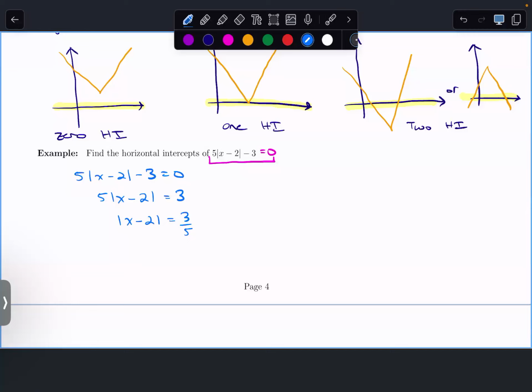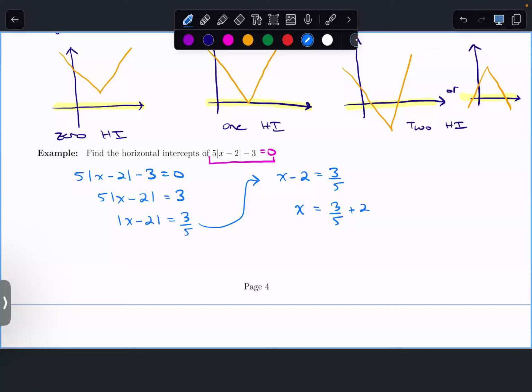I have to consider the positive and the negative version of the inside. So here I've got x minus 2 must be equal to 3 over 5. That one's relatively easy. I have to add 2 to both sides. Common denominator. Now I have a little bit more room, so let's do that. 3 over 5 plus 2.